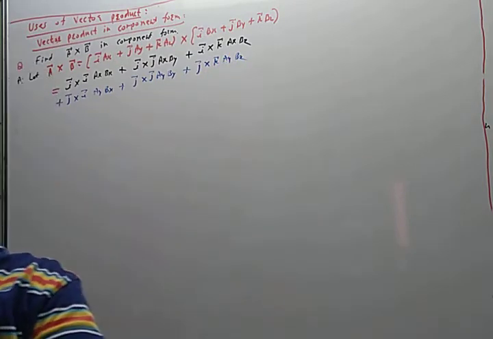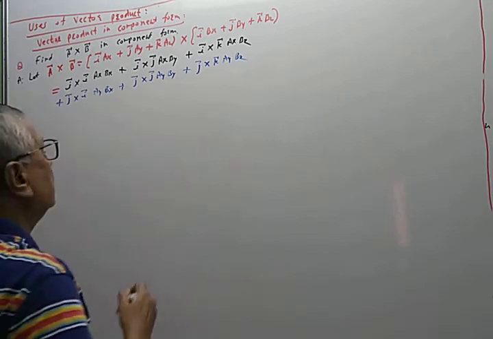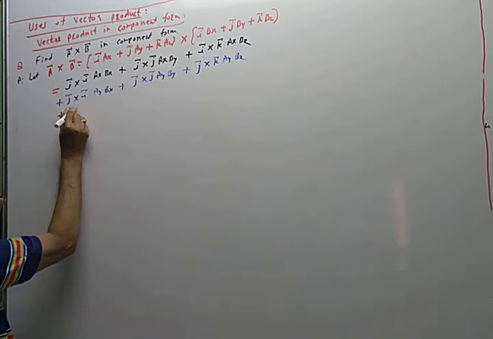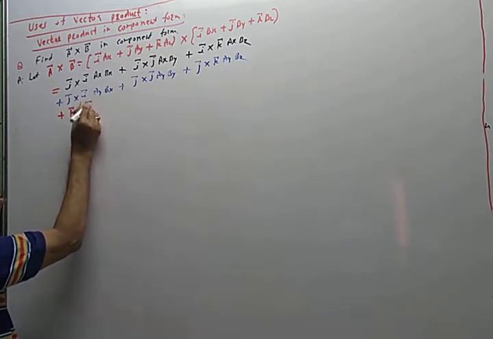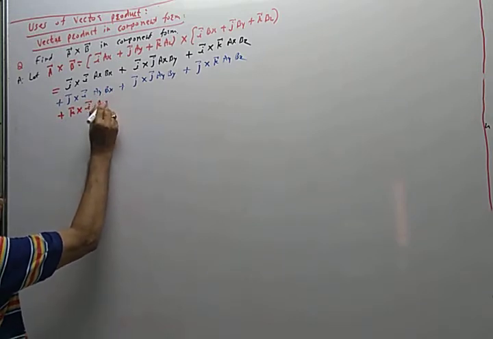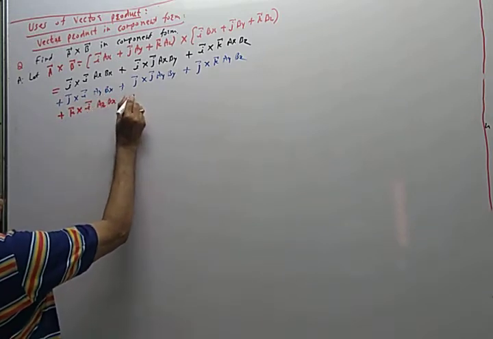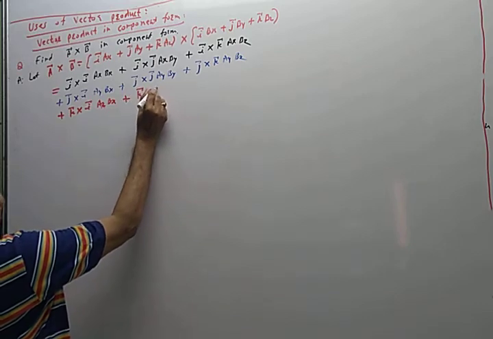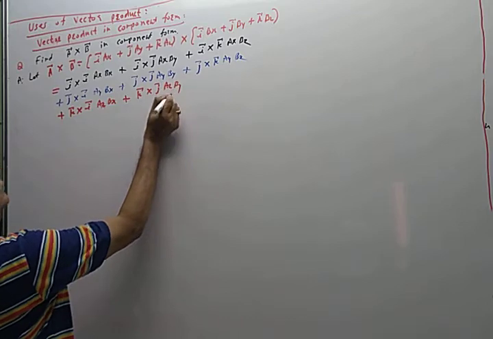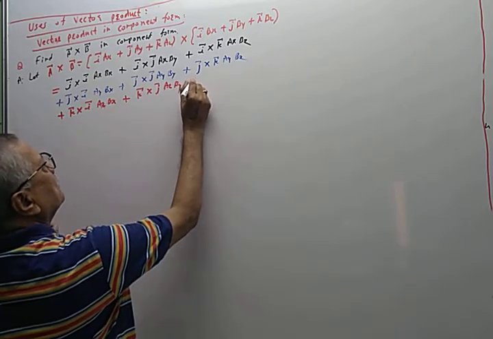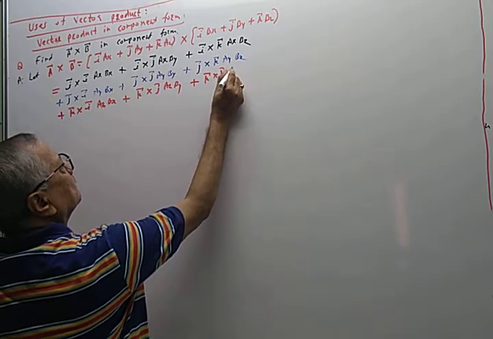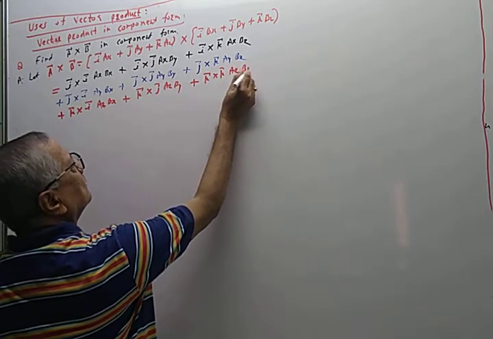These are the 3 terms of j. And now remaining 3 terms are k. k cross i Az Bx, plus k cross j Az By, plus k cross k Az Bz.